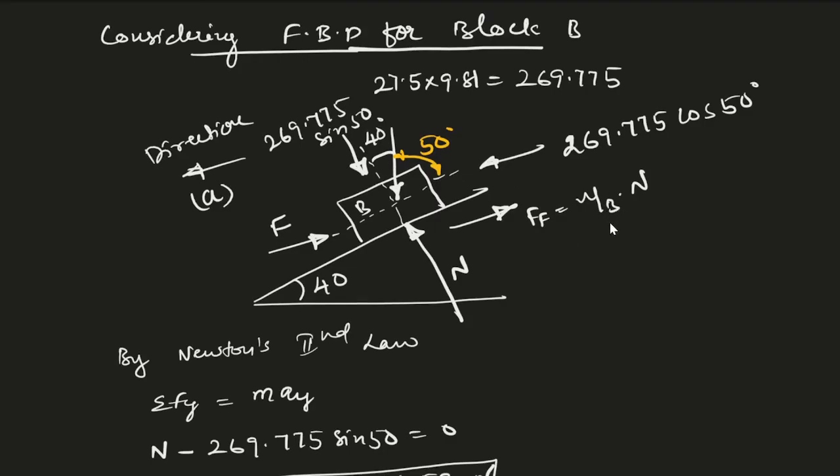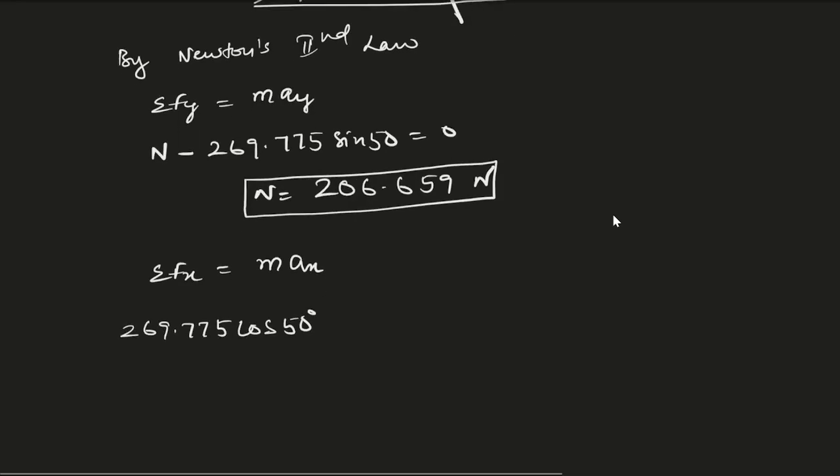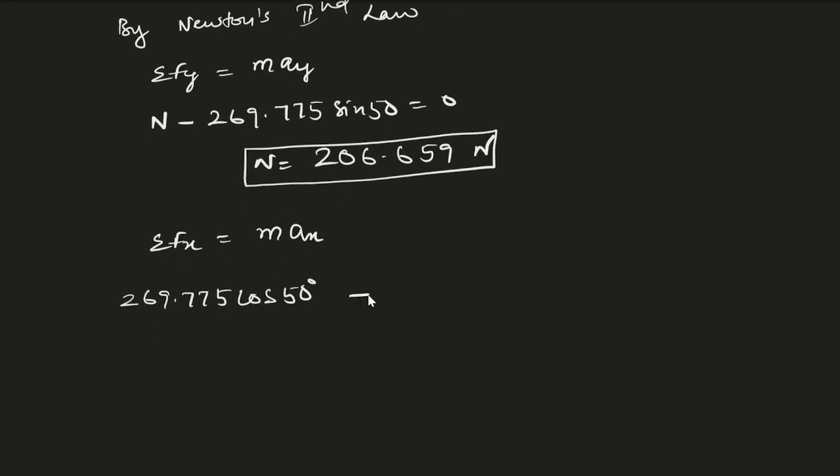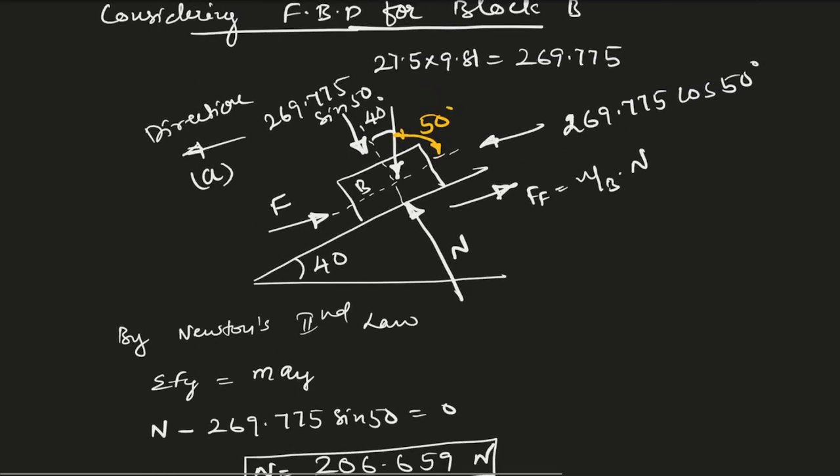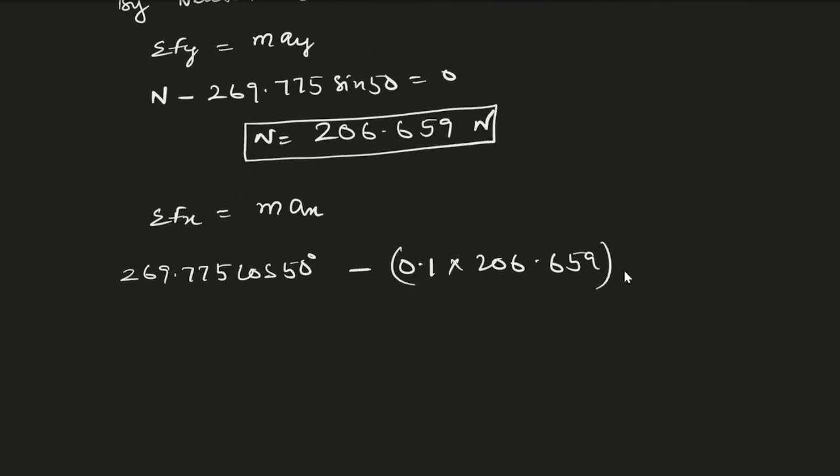Mu b is 0.1, and the normal we just found out, so minus 0.1 into 206.659. And we have one more force, the unknown force, which is acting opposite to the direction, so minus F. This is equal to the mass of block B, 27.5, times A.